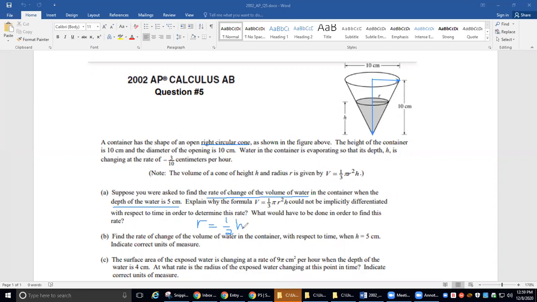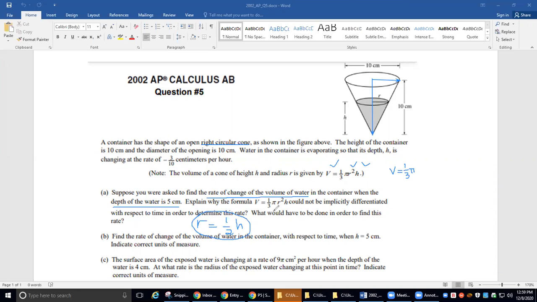So going back to my algebra days, this is a substitution. Instead of having an equation that has volume, radius, and height, I'm going to have an equation that deals with only what? Volume and height only, if I make this substitution, guys.